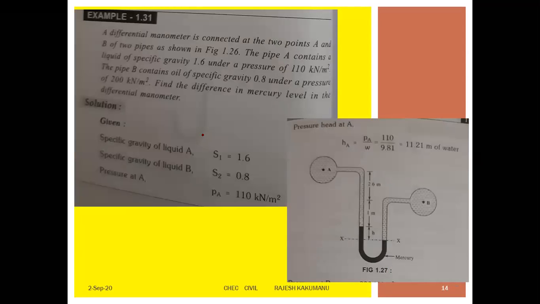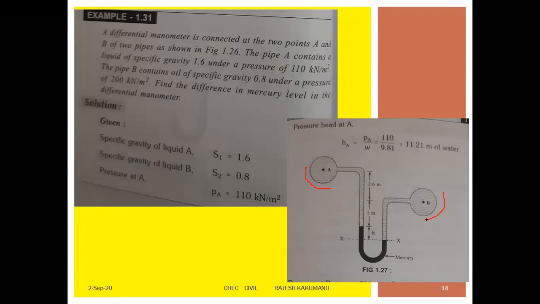Now to see the second one, a differential manometer is connected at 2 points. The same question as in the last one, the same 2 points are there. The 2 liquid containers are on the left hand side and the right hand side of the U-tube manometer.